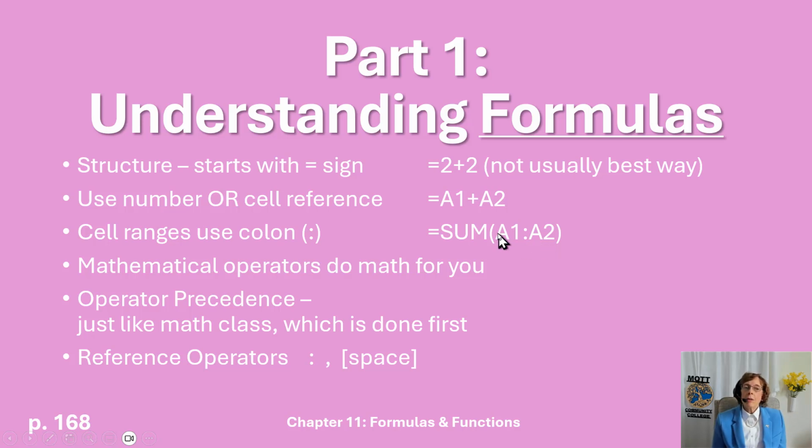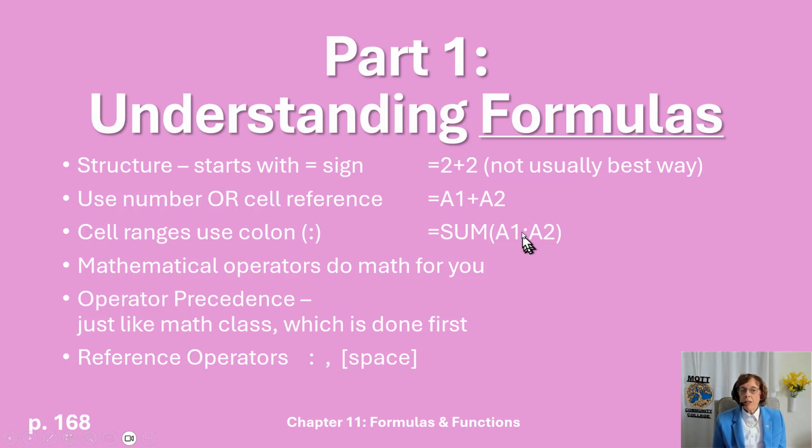It means go from here to there. And then what you'll be using it with mostly is a function, which is not what we're doing now. That's what we'll do in a second. A sum of the cells A1 to Z93.